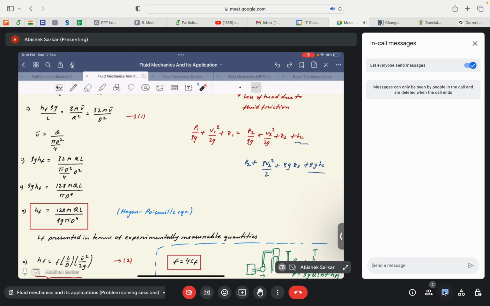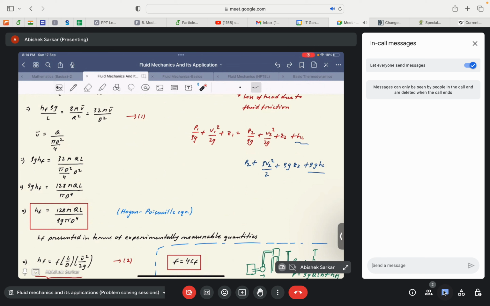Then why is this equation important? It is important because the head loss due to fluid friction is represented in terms of parameters that can easily be determined through experiments. Q can be determined by experiment by the use of Venturi meters. L is usually known to us, since we know the length of the pipe that we are using.